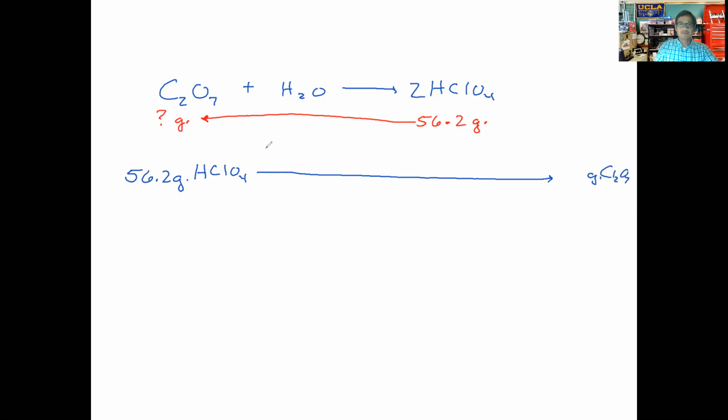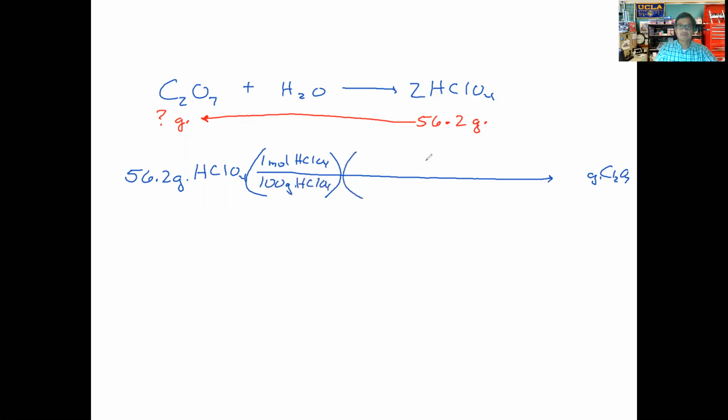The first conversion factor is the molar mass of perchloric acid. 1 hydrogen, 1 chlorine, 4 oxygens will give you a molar mass of 100. So it's going to be 1 mole HClO4 over 100 grams, and we're dividing here so we can cancel out the unit grams of HClO4.